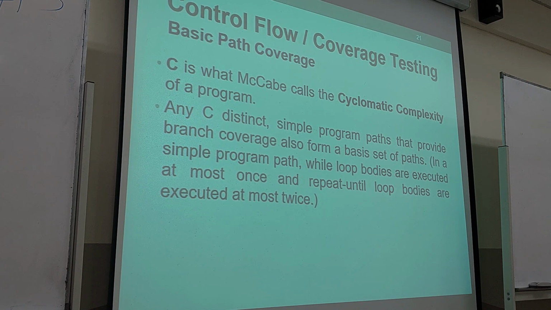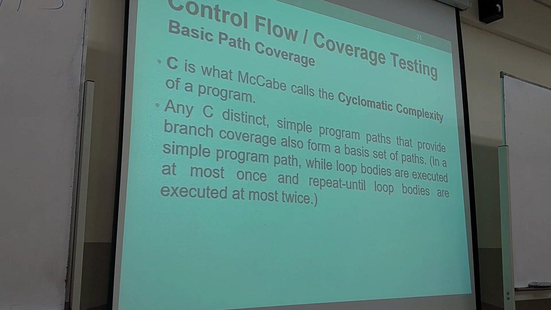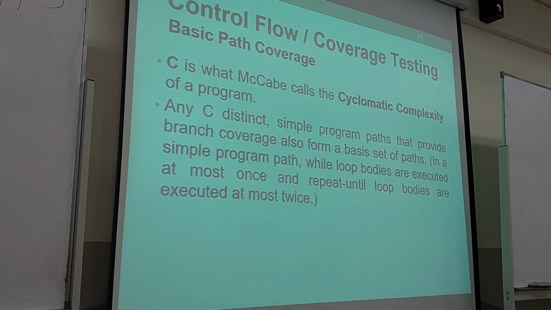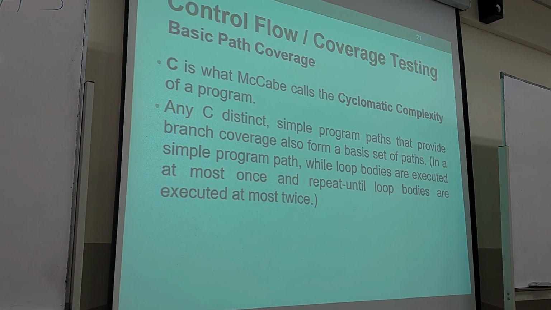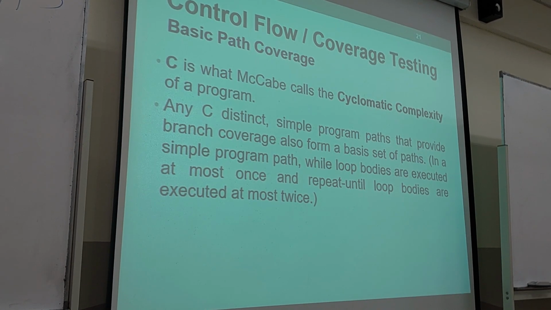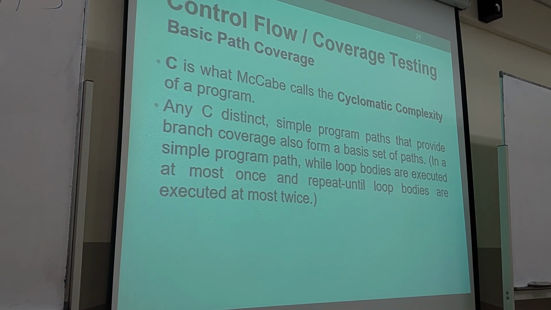So last Thursday, after I drew the control flow graph, I gave you a formula. That formula is actually to calculate the cyclomatic complexity. When we say cyclomatic complexity, it means based on the paths of the program, we can know how complex the source code is.